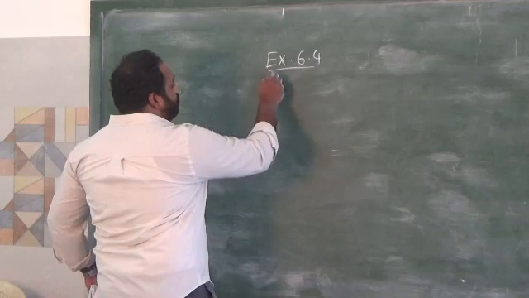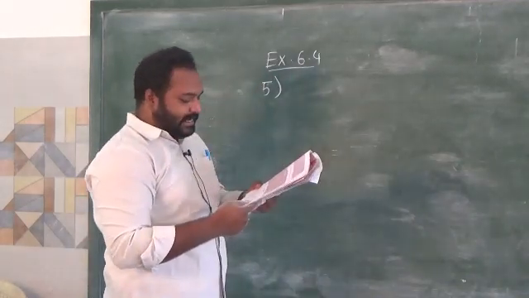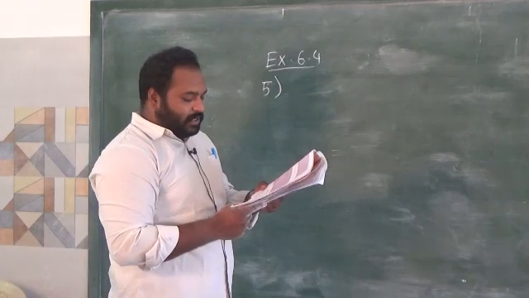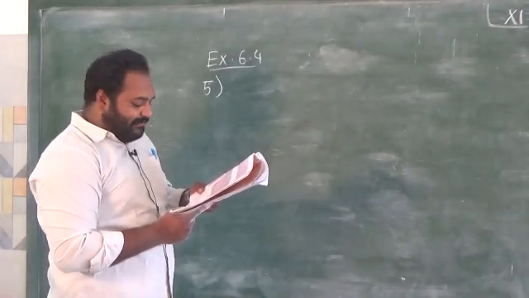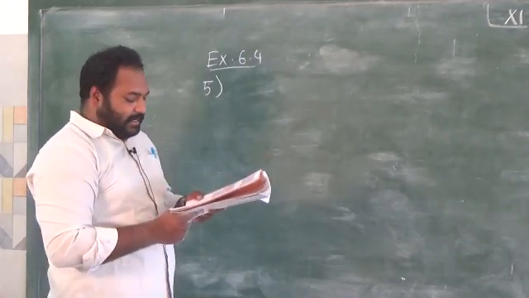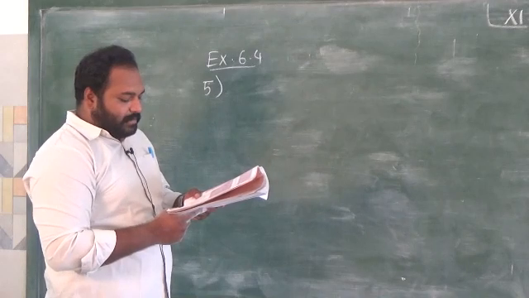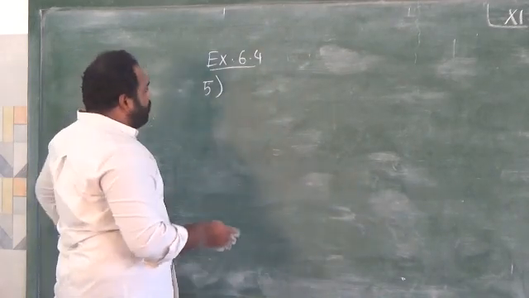Problem number 5. Prove that the equation to the straight lines passing through the origin, each of which makes an angle alpha with the straight line y is equal to x, is x square minus 2xy secant 2 alpha plus y square equal to 0.